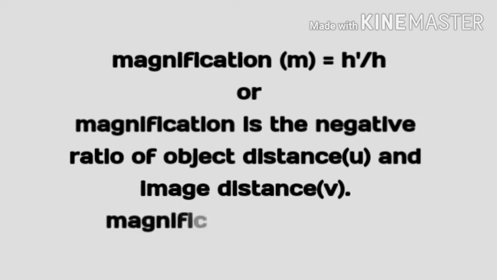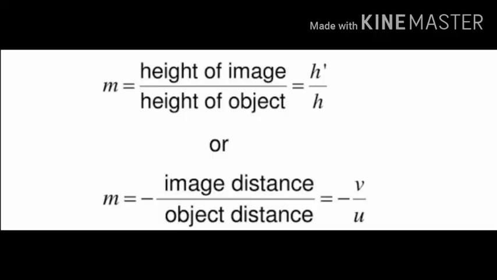That is the negative ratio between image distance and object distance. That is, magnification m equals minus v by u. This relation we can use in situations where the object height and image height are not known. In those situations, we can use the object distance and image distance to find the magnification.